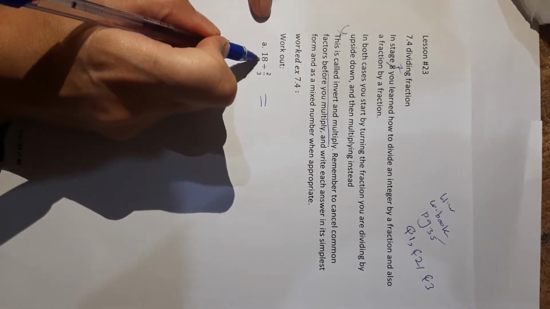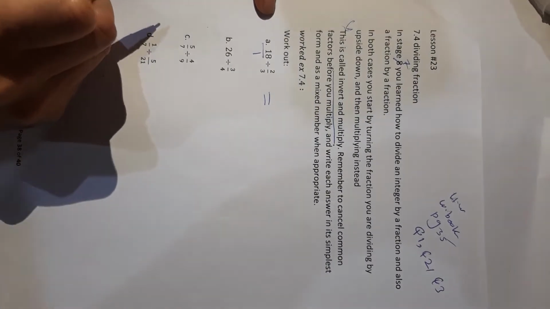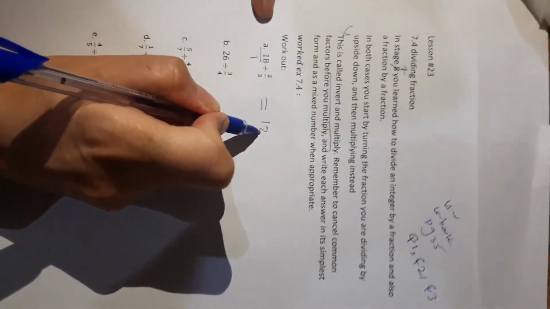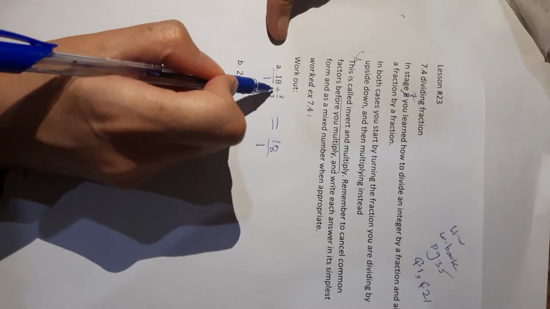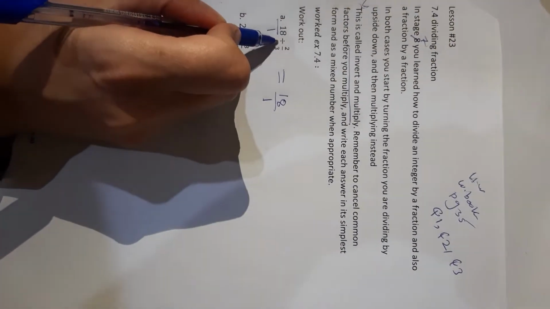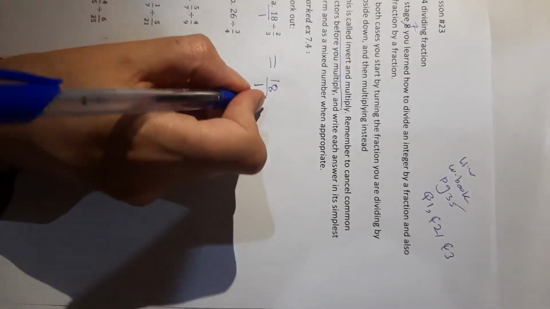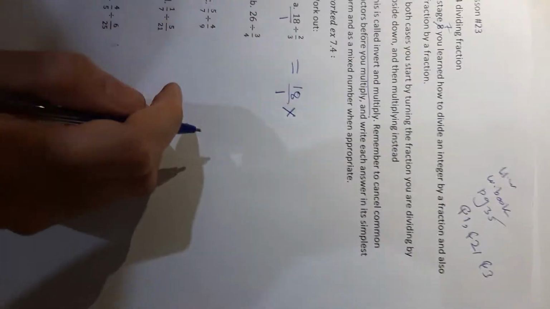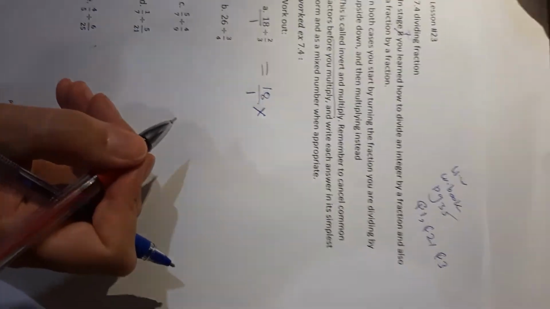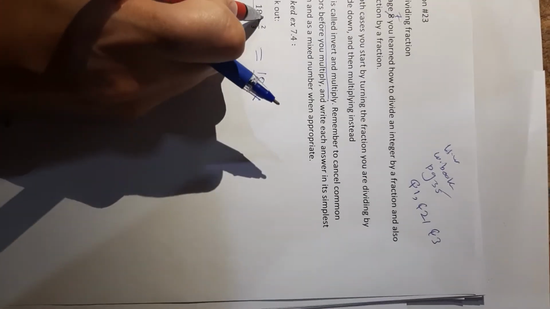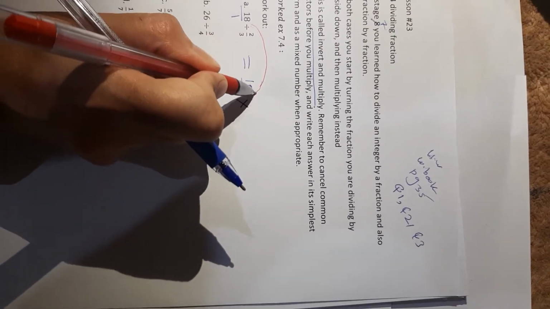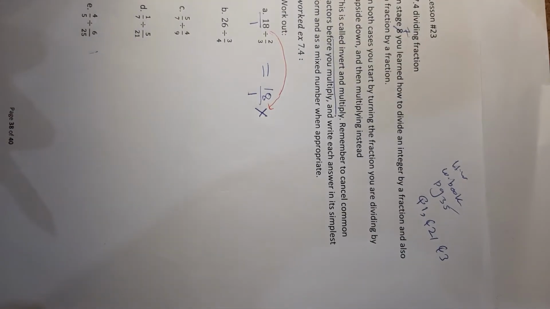Look, this is 18 over 1. Now change from the division sign to the multiplication sign.